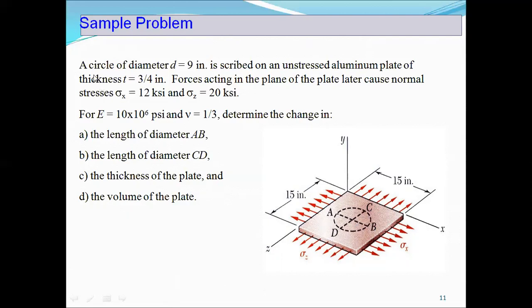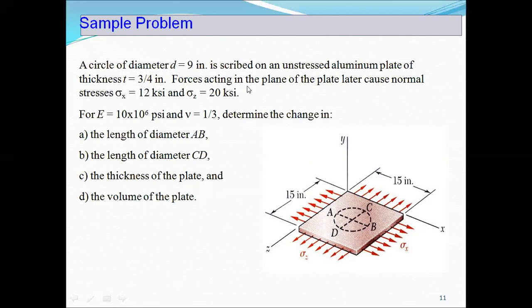Let's read the statement. A circle of diameter D equal to 9 inches is inscribed on an unstressed aluminium plate of thickness 3 by 4 inch.